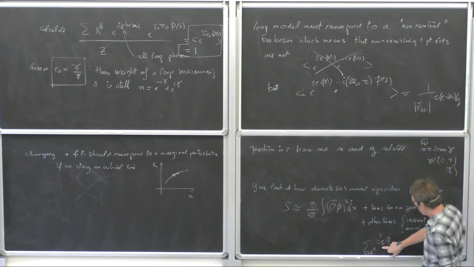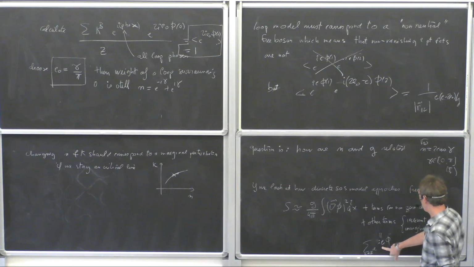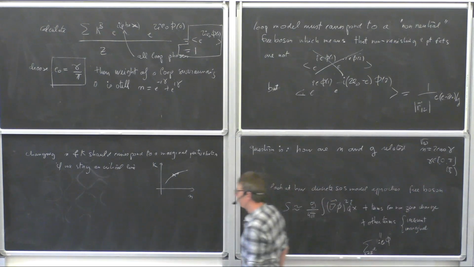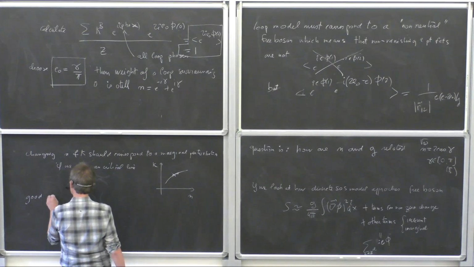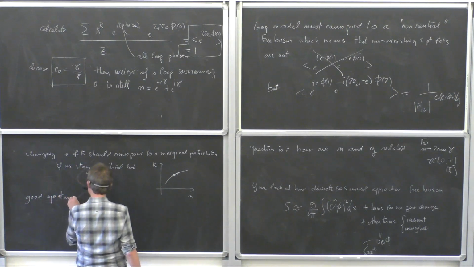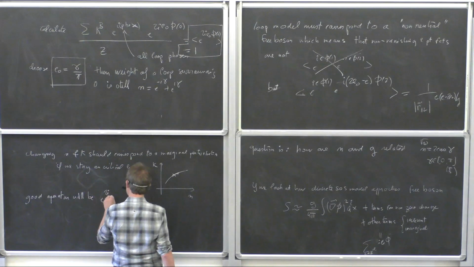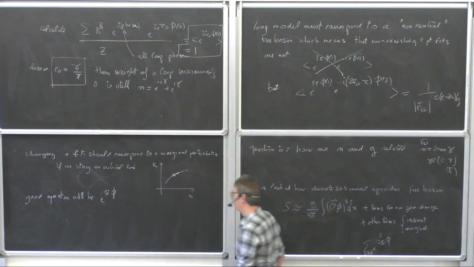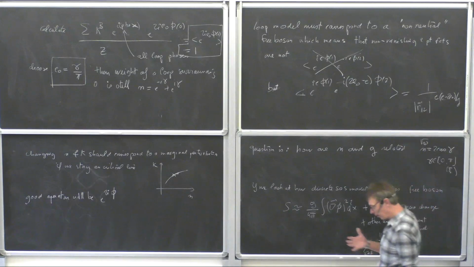So I'm looking for a marginal operator here, and let me claim that the good operator to think of is exponential 2i phi, not e to the i phi.